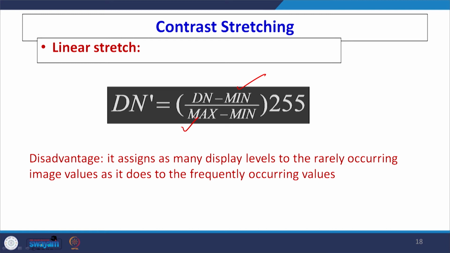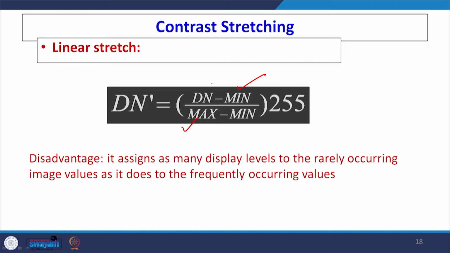If I know my minimum and maximum values present in the data set, which is very easy to determine, I can use this linear stretch relationship, the linear contrast enhancement relationship, with a pixel by pixel transformation.